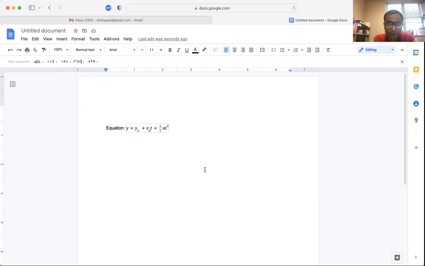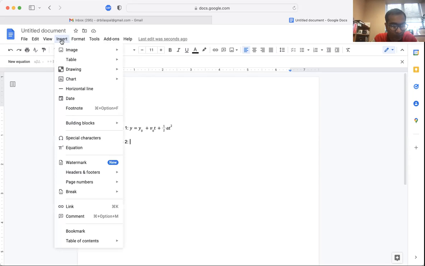Okay, so let me write another equation. I want to insert an equation, so I have to click insert and then go to equation.